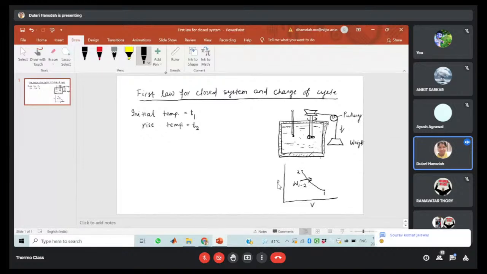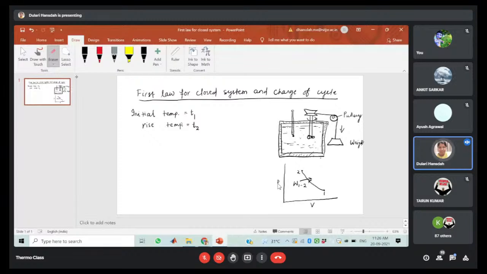Okay. So after that, suppose in this system we have removed that insulation. So what will happen? There will be the heat transfer. Later on, suppose we are removing the insulation. Yes, this thermometer is used to measure the temperature.